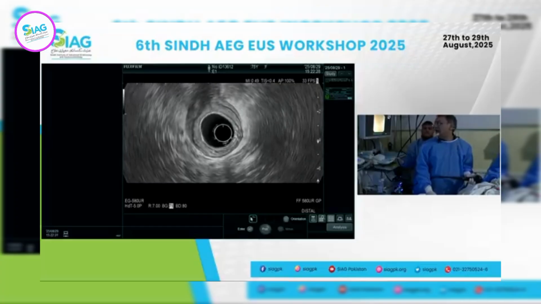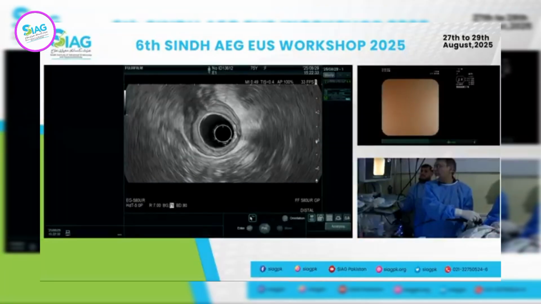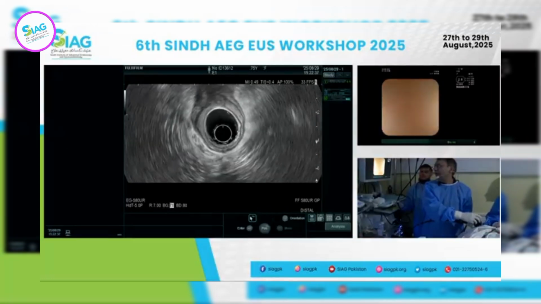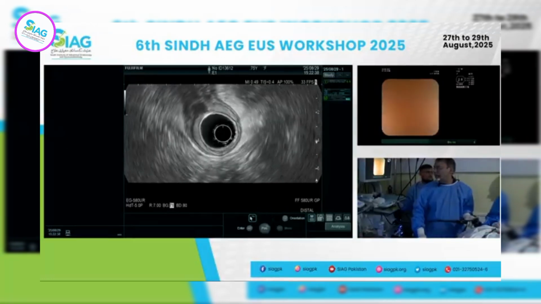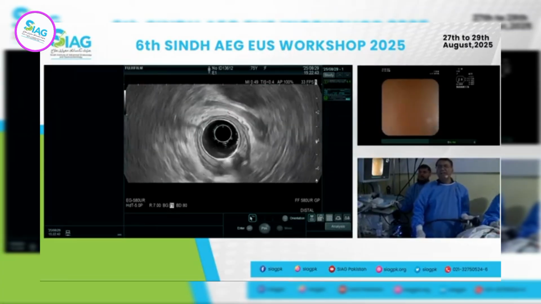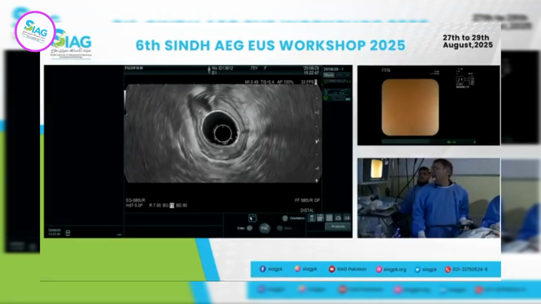There's some thickening of the submucosa, but I don't see any mass. I don't see any major lymph nodes, whatever we are looking at, honestly. It does not look like a tumor or anything, so I think it's just the ulcer inflammation there.